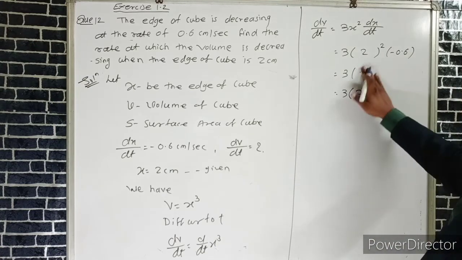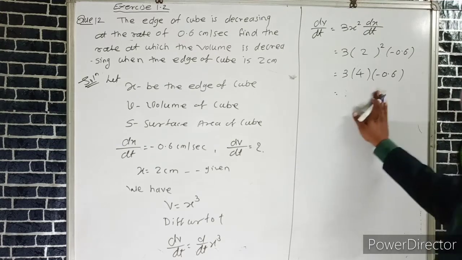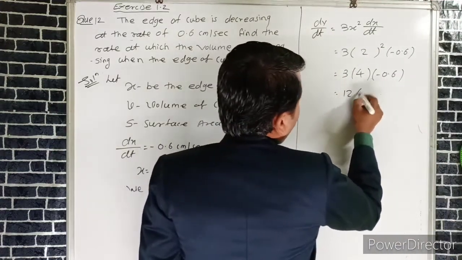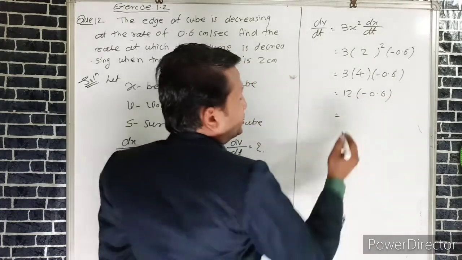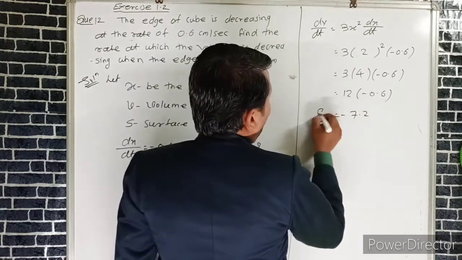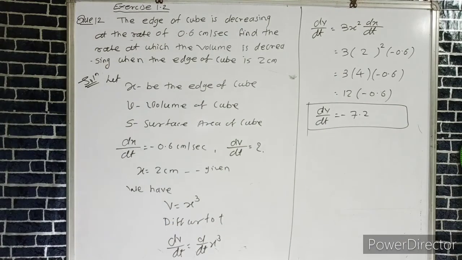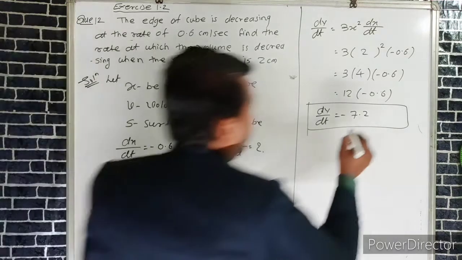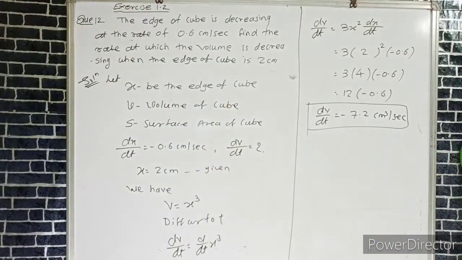So here we can write the square of 2, which is 4, into minus 0.6. 3 into 4 is 12, into minus 0.6. We can write 12 into minus 0.6, which is minus 7.2. dV upon dt is the required rate, so the volume is decreasing at the rate of 7.2 centimeter cube per second when the edge is 2 centimeter.